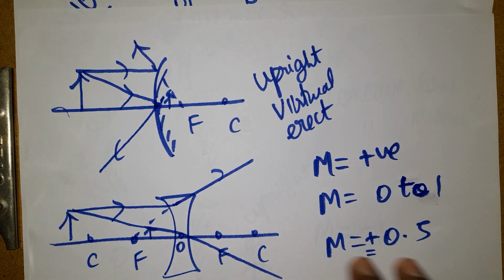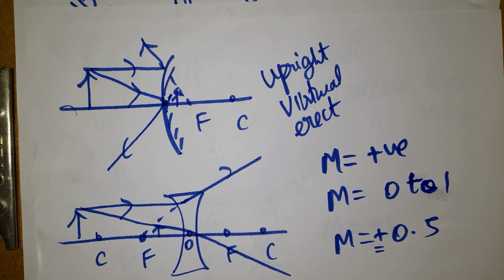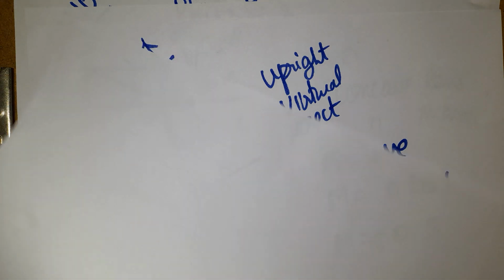Okay, next one, magnification is equal to minus 1. I'm going to cover most of the important topics in physics. If you are listening to this class, I think you can get a few marks from these topics. I'm discussing only the most important topics.